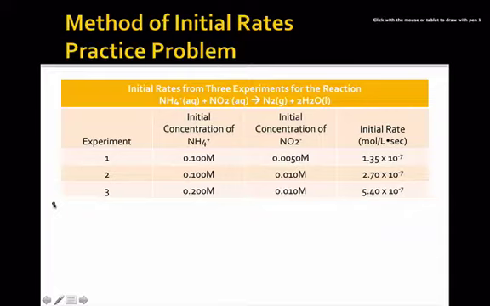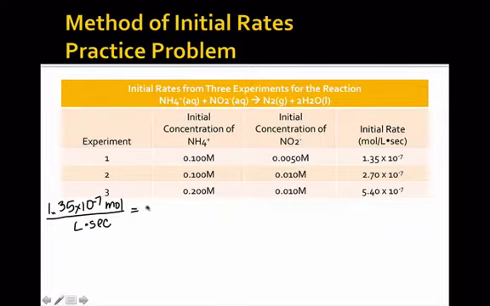So for this one, experiment 1, we have 1.35 times 10 to the negative 7th moles per liter second is equal to K. My concentration of my ammonium is 0.100, and instead of molar, I'm going to write out what it actually is, which is moles per liter.